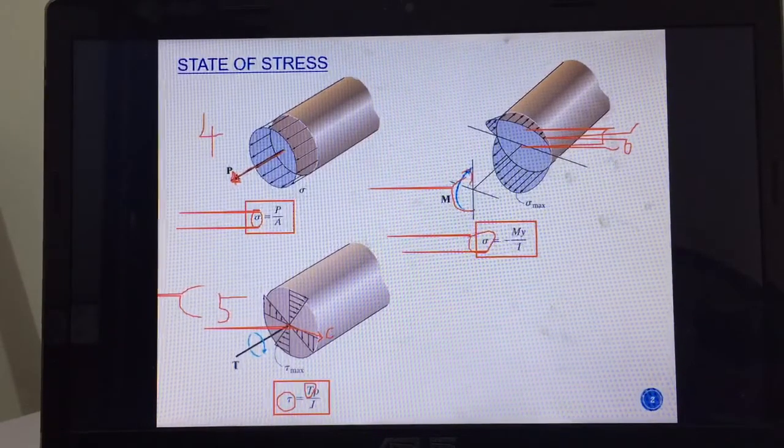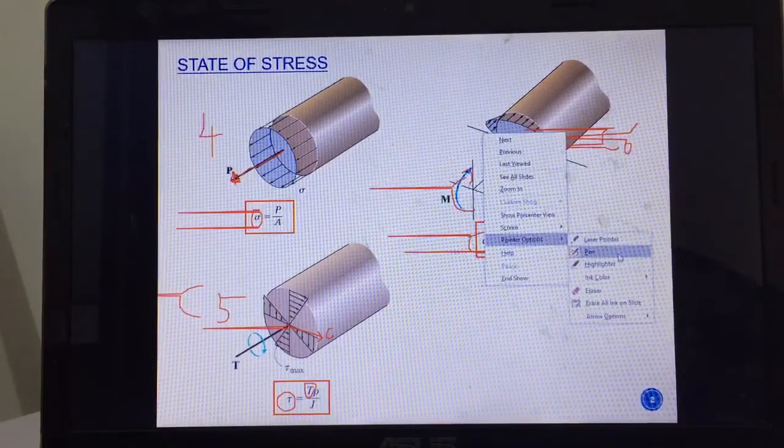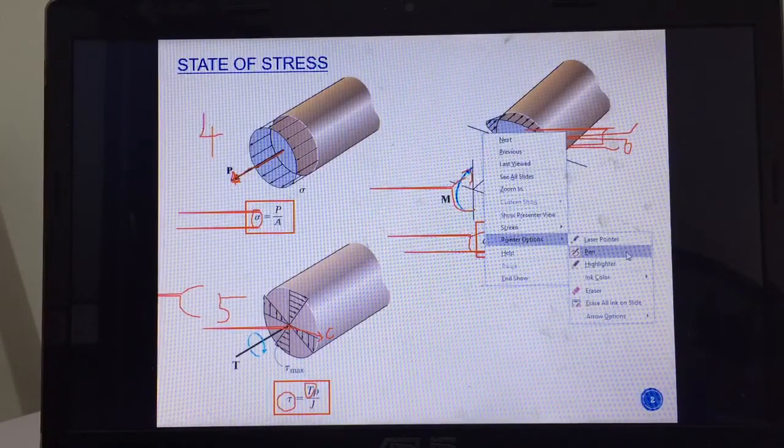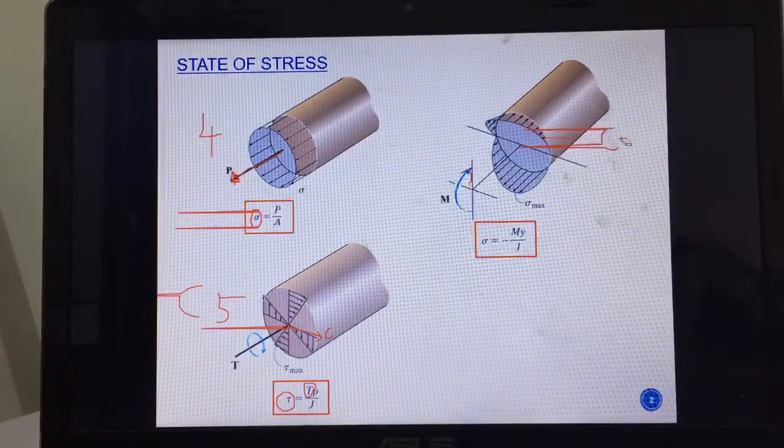And then divided by the moment of inertia.